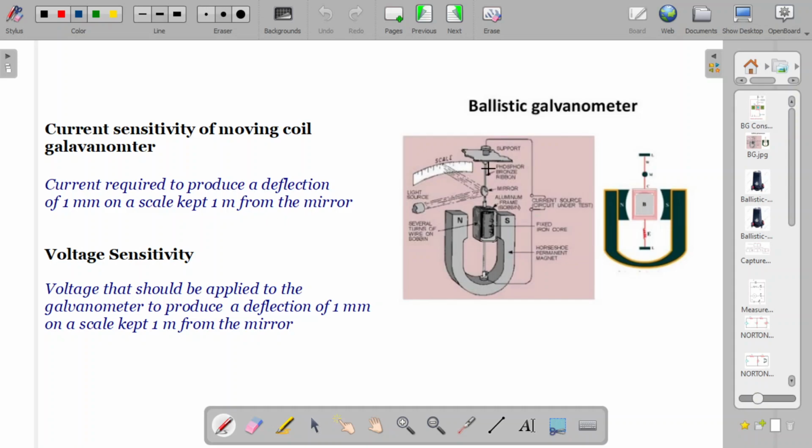Now, when the current flows through the coil, this mirror will deflect. When this mirror deflects, the reflection of the light falling on the mirror, which is produced on the scale, also moves.